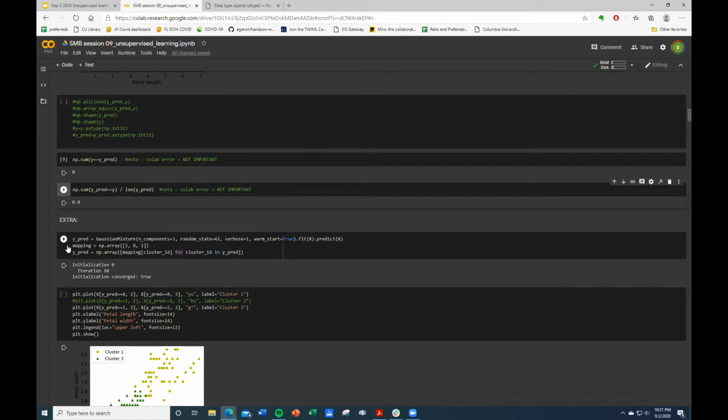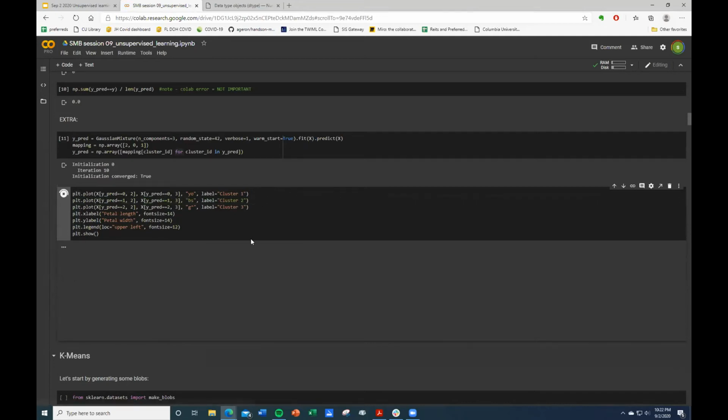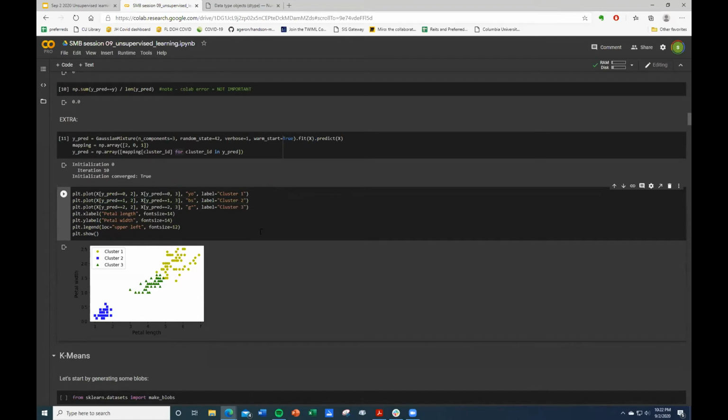And we redo this, and then we can plot. And here we come out to 2 clusters. I just commented this out because it doesn't do anything if you run it. Actually, it does. I'm sorry.